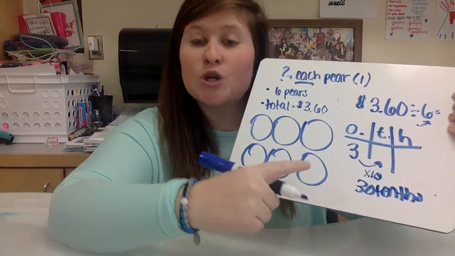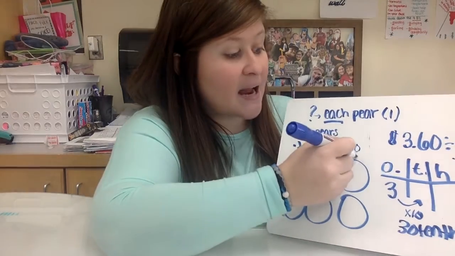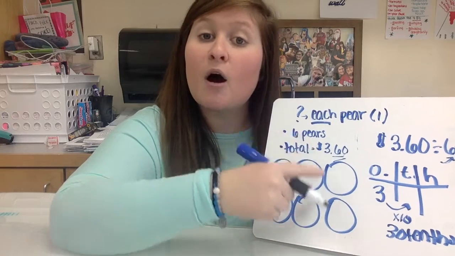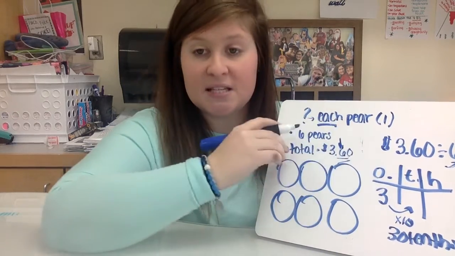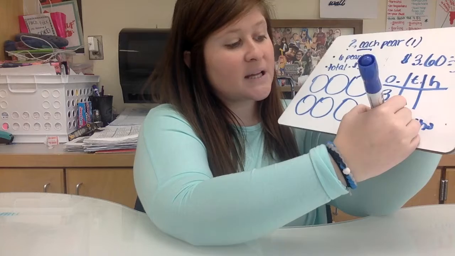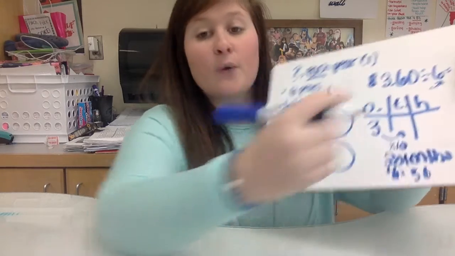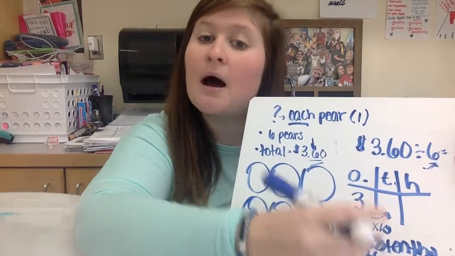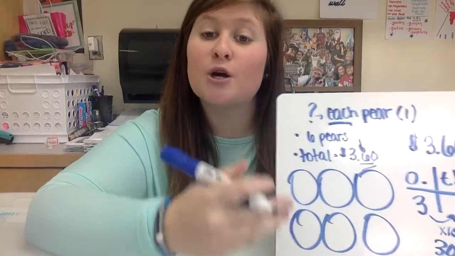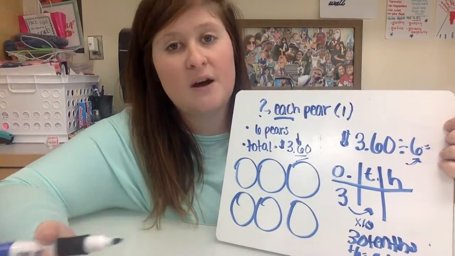So I'm going to take those 30 tenths, and add the 6 that I already had here in the tenths place. So 30 plus 6 is now 36 tenths. And now I'm going to go through and just drop them into my groups until I don't have enough anymore.